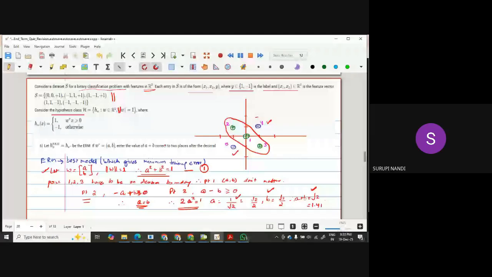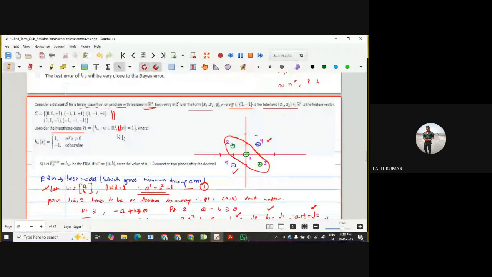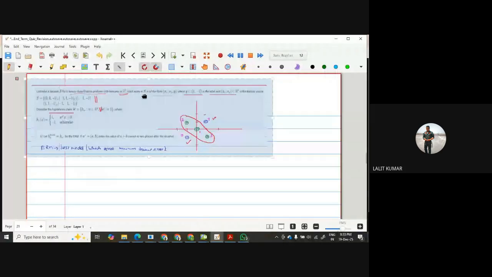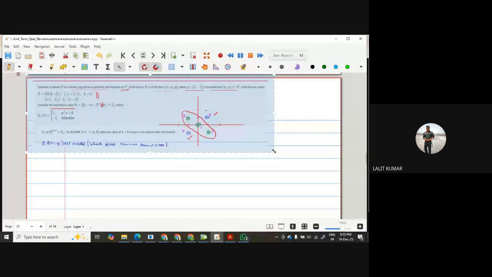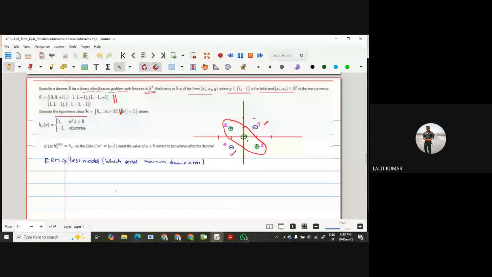Could you explain the AB part again? Okay. Yeah. So Surabhi, here they have given W norm is equal to 1. So we take W, for example, as (A, B).